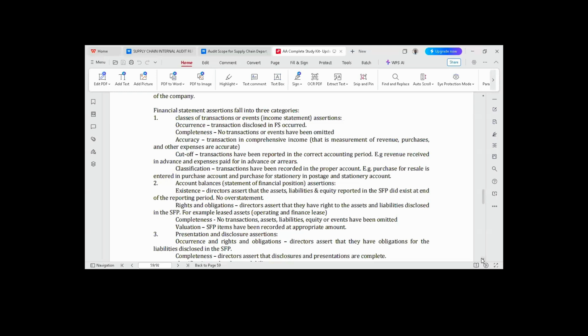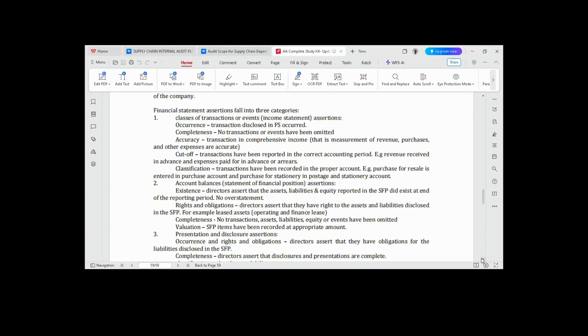Now, in using substantive procedure, the first assertion, based on transactions and events, relates more with what? With your statement of profit or loss and other comprehensive income.